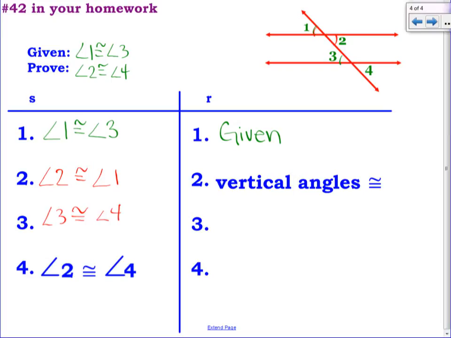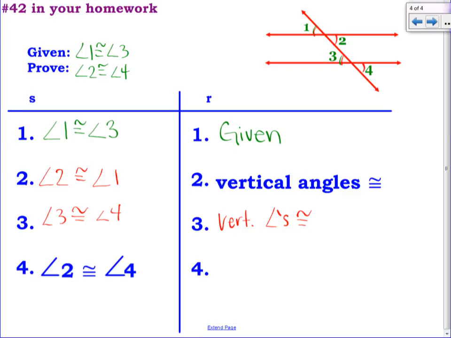Same reason? Okay, so those are equal. So we have 1 equal to 3, 2 equal to 1, 3 equal to 4. So if we look at our picture, all of these angles are equal to each other, and 1 and 3 are equal to each other.